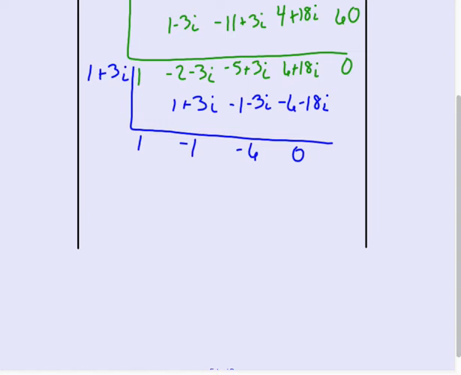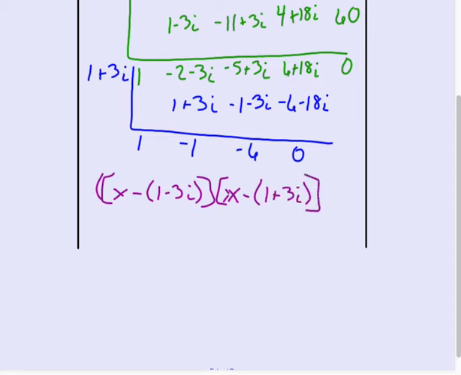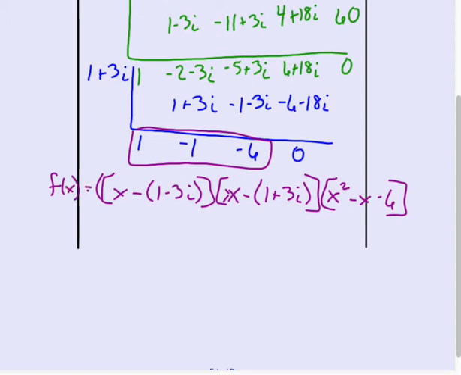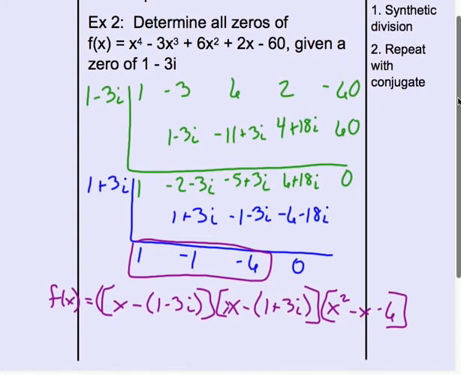So now I have x minus 1 minus 3i, x plus, sorry, that should still be a minus, x minus the conjugate 1 plus 3i, and here this result, x squared minus x minus 6, which I can factor using the t-chart method. So this is the beginning piece to finding all of the zeros of the function.